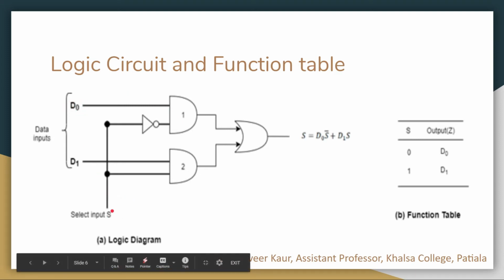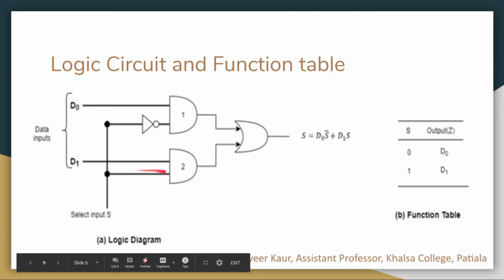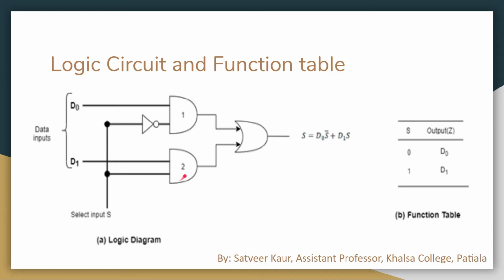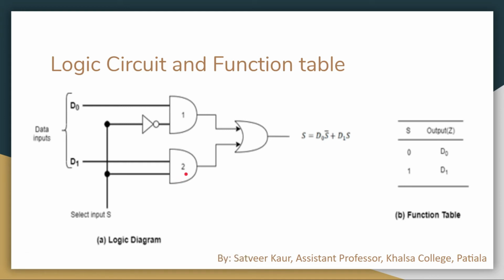If the value of S equals 1, according to the function table, 1 will be directed to gate number 2, and as it will be inverted here, 0 will be directed to gate number 1. In this case gate 1 will be disabled but gate 2 will be enabled due to S equals 1. So the output will be Z = D1.